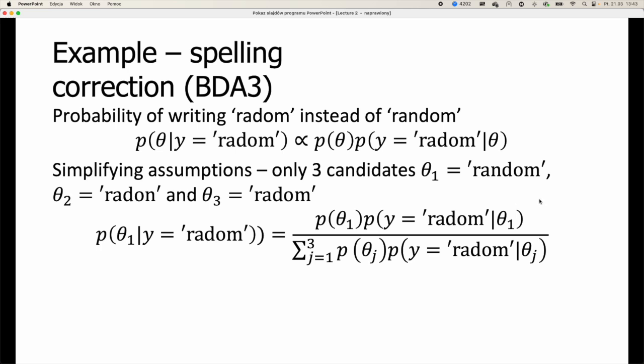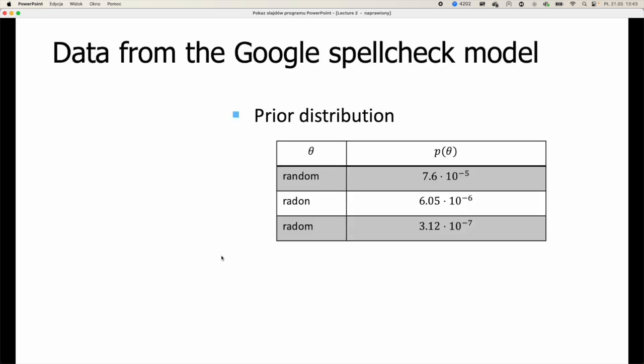Then the likelihood, how possible is it to write radom, conditional on the fact that we wanted to write random. And finally, the total probability of all three cases.